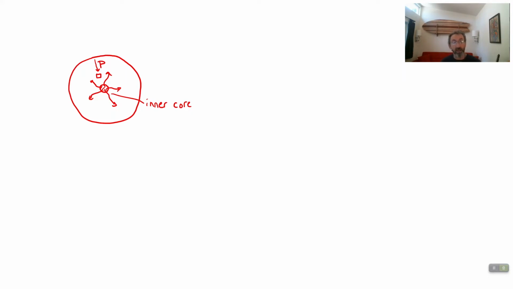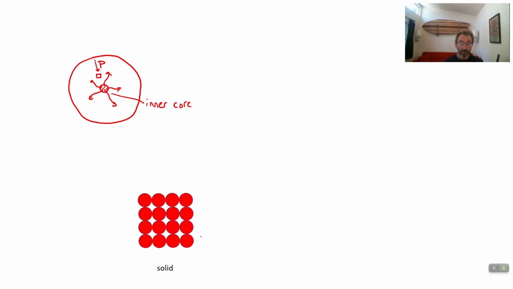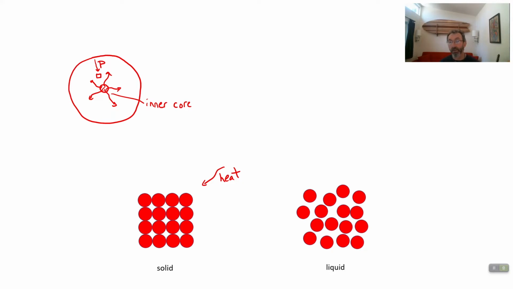To understand why that is, let's understand a little bit about the differences between solids and liquids. So here we have an example of a solid, and you can see that all the molecules or atoms in this solid are packed closely together, in a fixed structure. Now, if we were to add heat to this solid to make it melt, it would turn into this liquid.